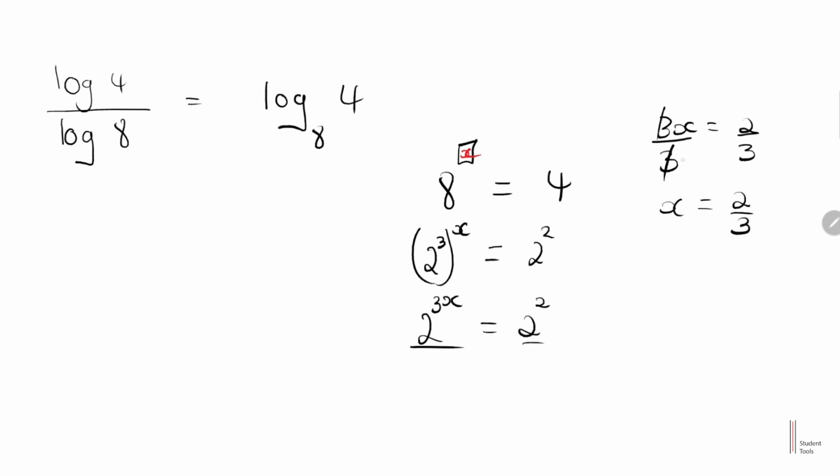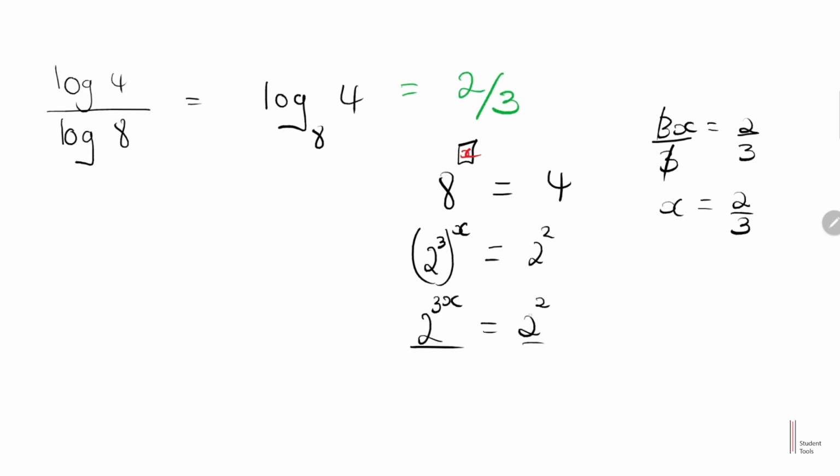But then we just introduced this x for identification. It doesn't mean we are looking for x. So we cannot actually use the x for answering this. We can just use the answer, which is 2 over 3. So log 4 over log 8 is equal to 2 over 3.